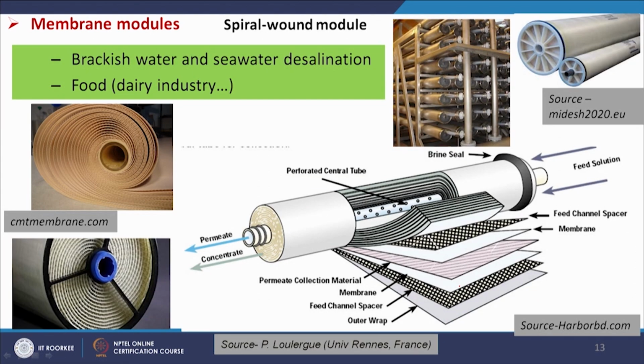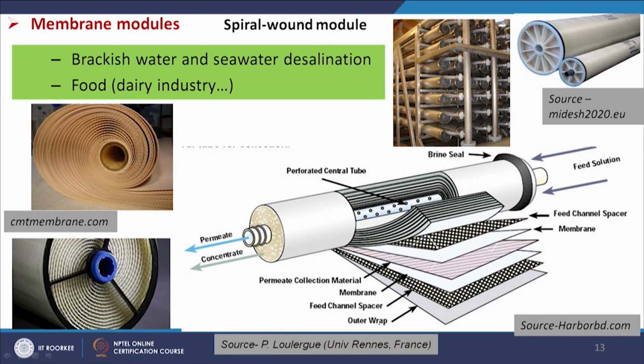Then the spiral wound module, you see here how it looks. This can be used for brackish water and seawater desalination and for treating wastewater of the food and dairy industry or distillery industry. So this type of spiral wound module is used. Here you see this is our permeate and this is our feed solution.